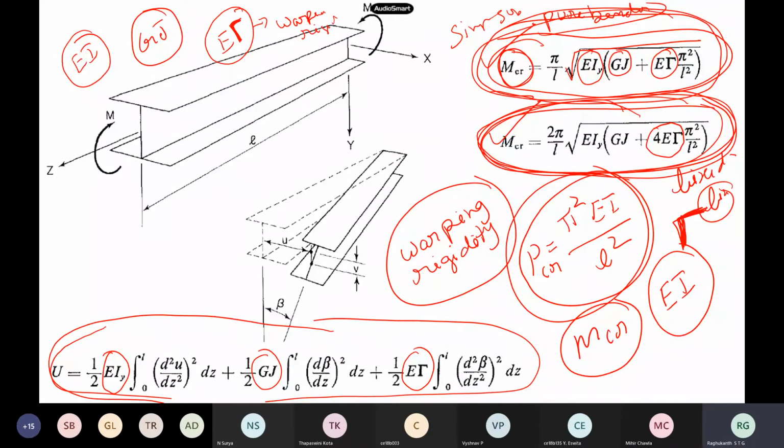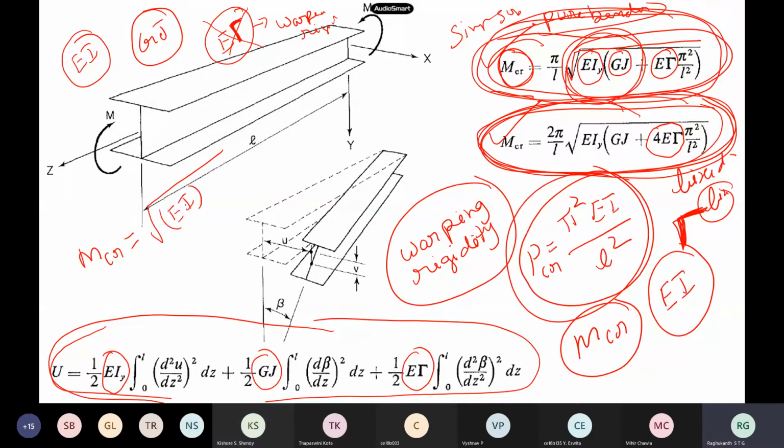So there are 3 rigidities. This formula has a very peculiar form. Your M, the critical bending moment to cause buckling, if you neglect warping because it is very small, how does the formula look inside the square root? It is a product of two things: bending rigidity and torsional rigidity.